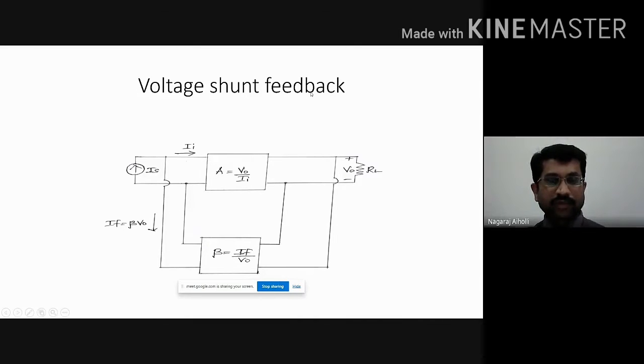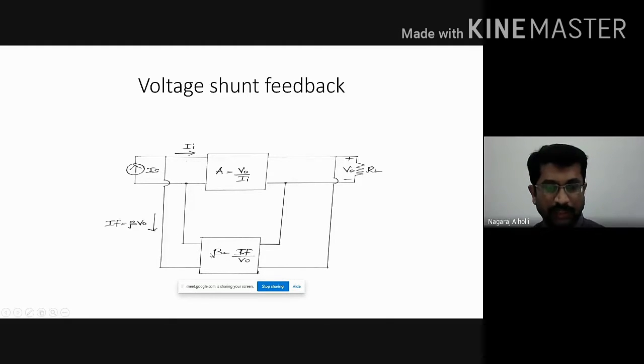Next is voltage shunt feedback. As I told, voltage shunt feedback means the output voltage is collected and applied as input to the feedback. Here the input is the current source.